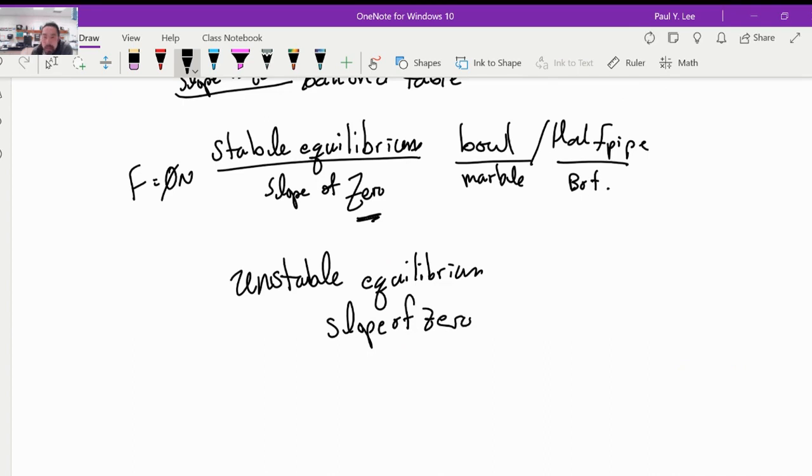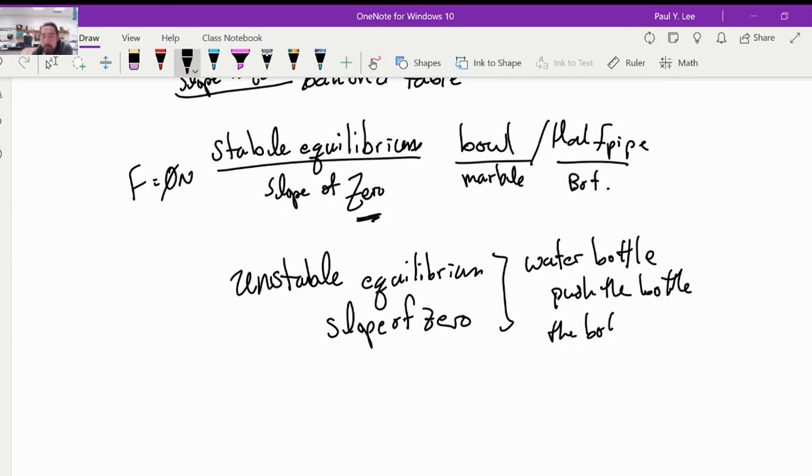But imagine a water bottle, where if you push the bottle one way or another, the bottle tips over. Because it tips over, it goes from a high potential to a low potential.